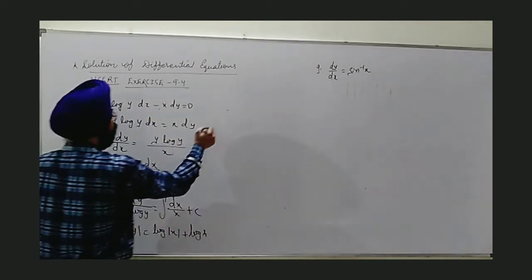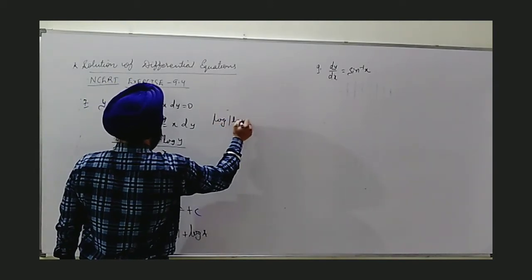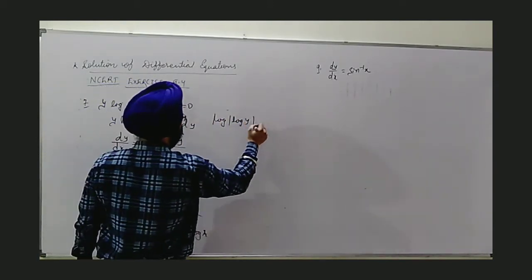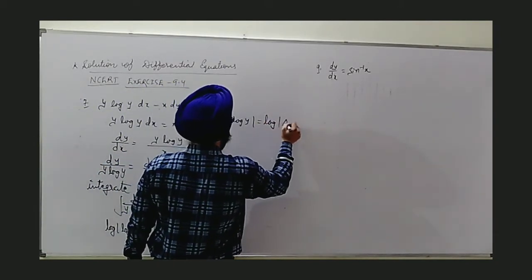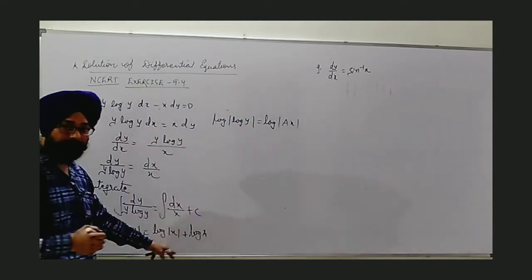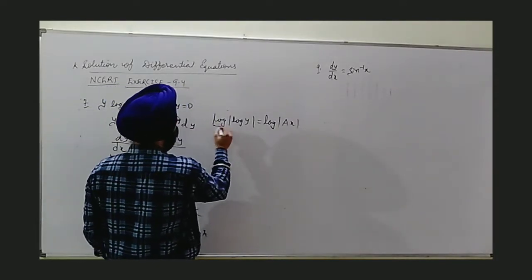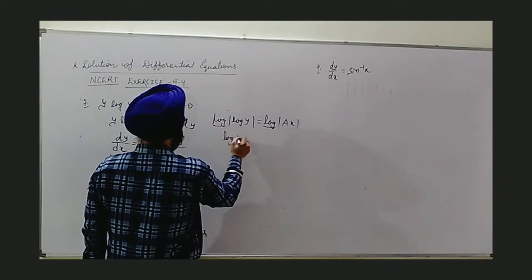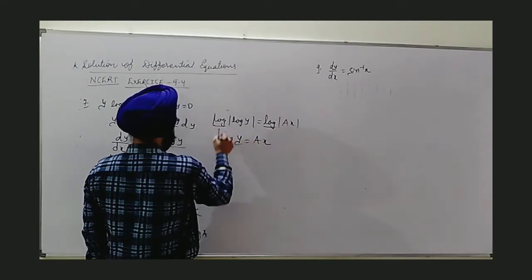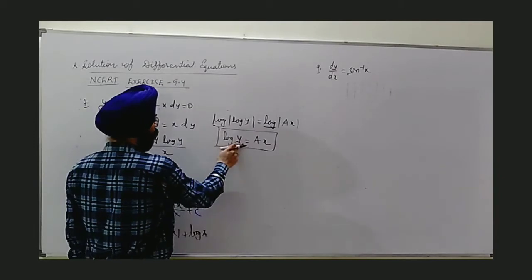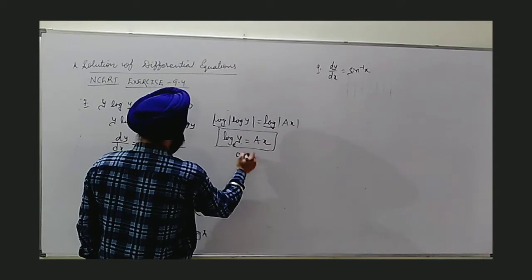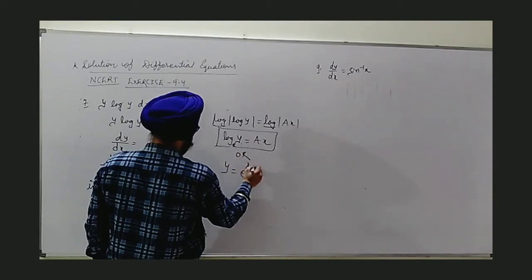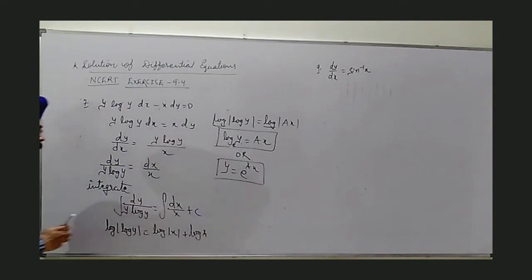Here only you can say this will be log of log y equal to, by the properties of log, we can write log of ax, as they are in addition, so they can be written in multiplication. By comparison, these two can be eliminated. We are left with log of y is equal to ax. You consider this as the answer, or further, as you know that this is e base, so in exponential form also we can write the answer as y equal to e raised to the power ax. Both are accepted.